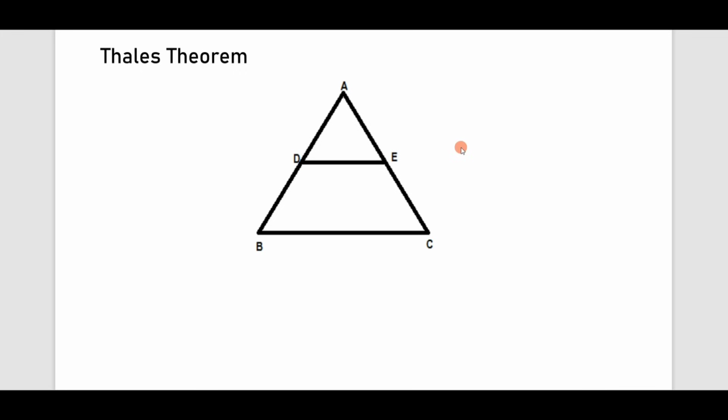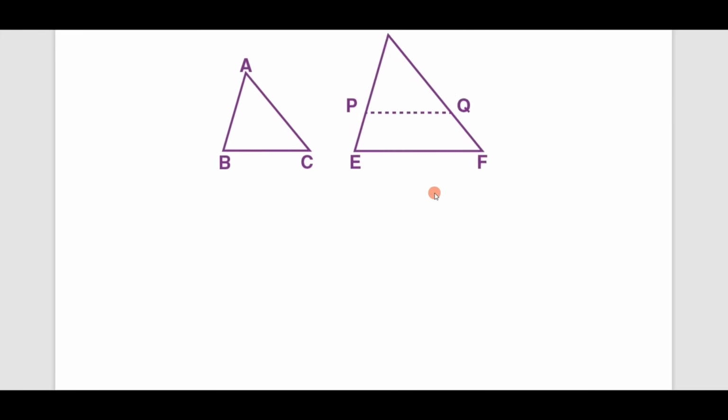and if Thales theorem is asked for 4 or 5 marks, that means 2 or 3 mark questions will be based on other theorems because the question paper should include all the concepts.